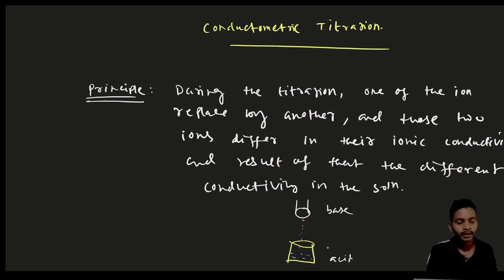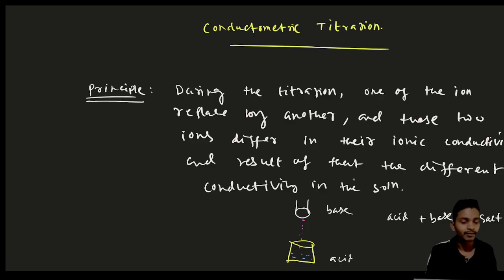So the acid reacts with the base, and with that something new will form. You know that acid plus base forms salt plus water. It means one of the ions, between the acid and base, will be replaced and form salt and water.